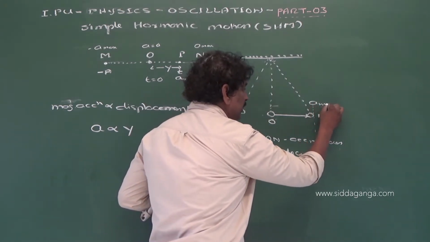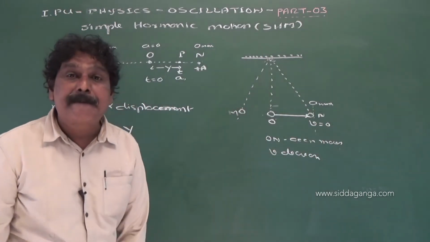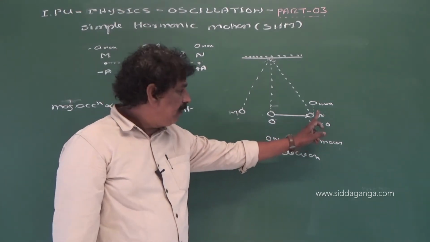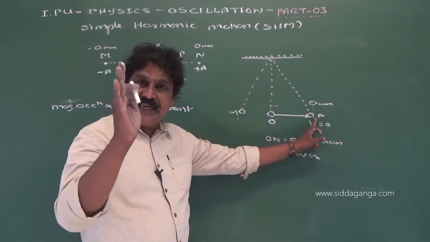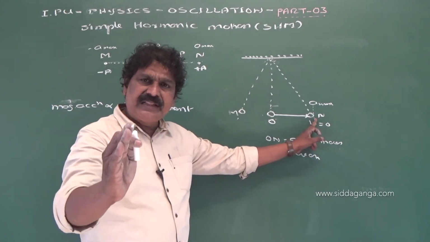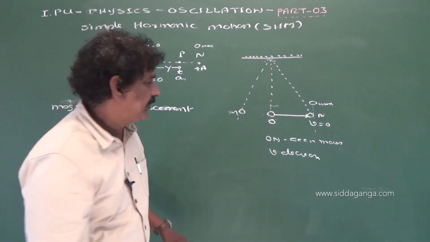Here acceleration is maximum and velocity is equal to 0. Why is velocity 0? Because it comes to rest momentarily at N. For a very short interval of time it comes to rest. Then it starts retracing its path.